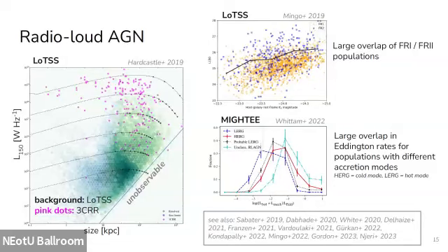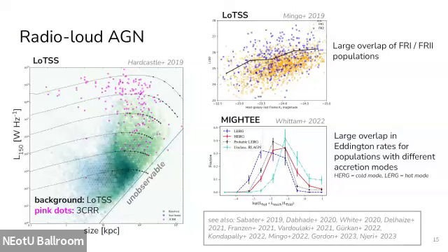So with the MIGHTEE survey, we also see that there's a very large overlap in radio galaxies with different accretion modes. So high excitation radio galaxies are kind of thought to have cold mode accretion, so there's cold gas, a standard accretion disk, and low excitation radio galaxies are thought to accrete stochastically from hot gas.